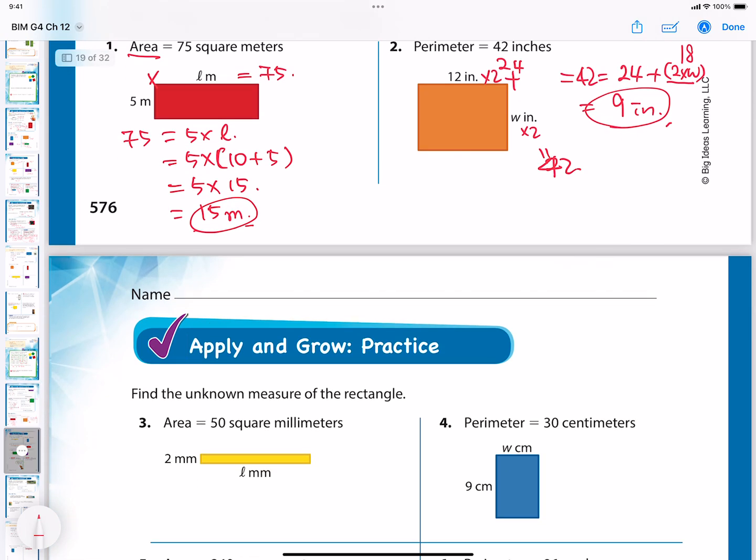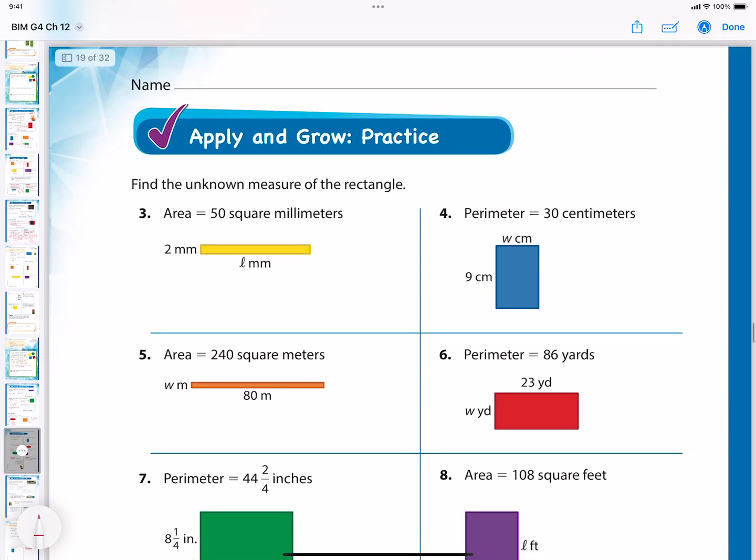As I said, that's it for today. I'm going to ask you to do this by yourself. I'm not going to explain everything, because you already know why this unknown length or width should be like that. You just need to practice, practice, practice.